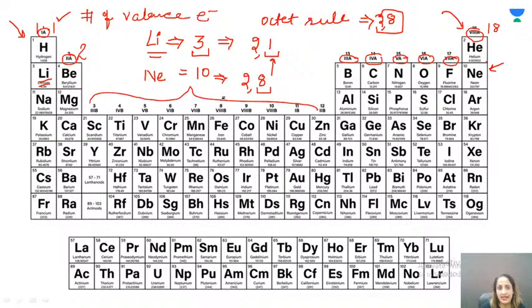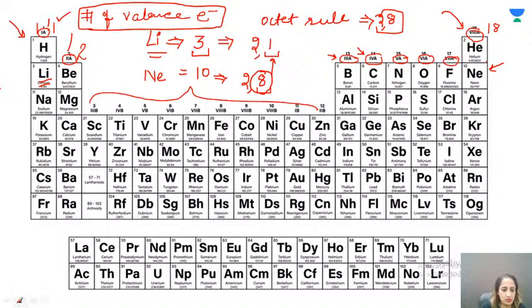So as per this new grouping convention, or this new method of grouping the periodic table, as we are doing 1A, 2A, and then we neglect these and go to 3A, 4A, whatever the group number is, that is the number of valence electrons. Okay, that is another thing that you will have to remember from this class. Okay, so neon has 8 valence electrons. So I hope this is also clear to all of you.